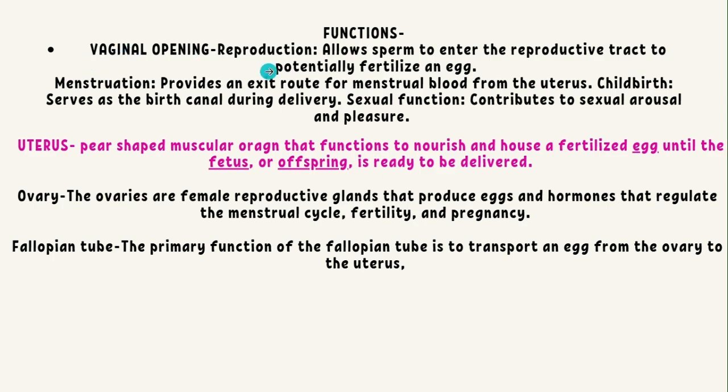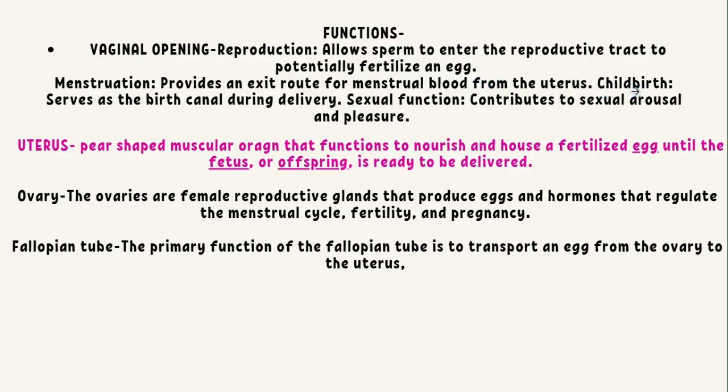The first one is the vaginal opening. It allows sperm to enter the reproductive tract to potentially fertilize an egg, for reproduction. Also menstruation: it provides an exit route for the menstrual blood from the uterus.